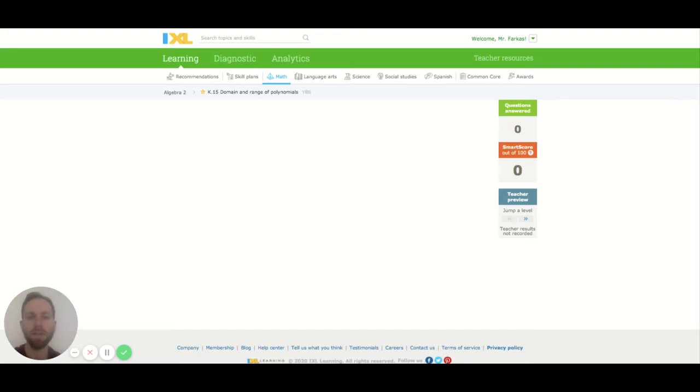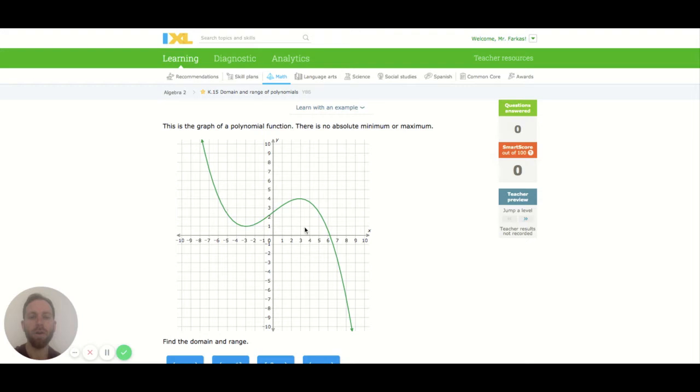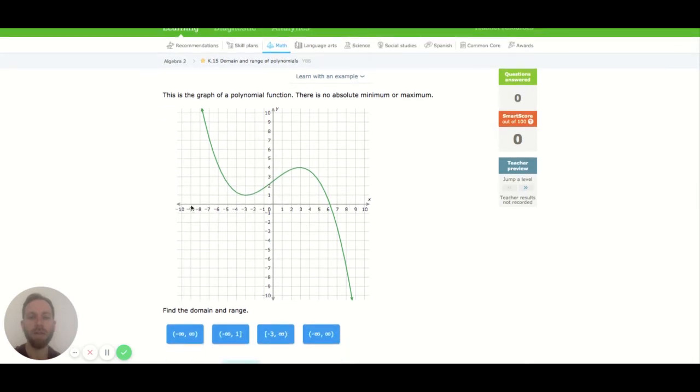Domain and range is something that we haven't talked a lot about this year, but it is a concept that you might be familiar with from your Algebra 1 or even your 8th grade class. This concept of domain and range is talking about what are all of the possible x values or inputs for the function, based on where you see the function going in terms of left and right along the x-axis, and also what are all the possible y values, or how far down or up it's possibly going.